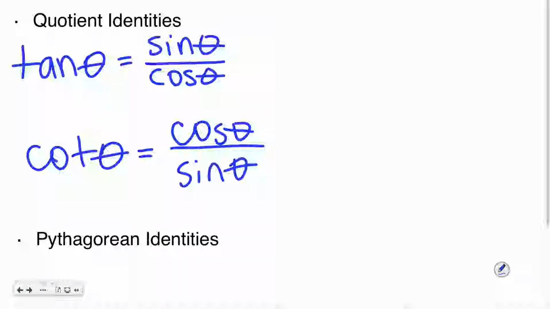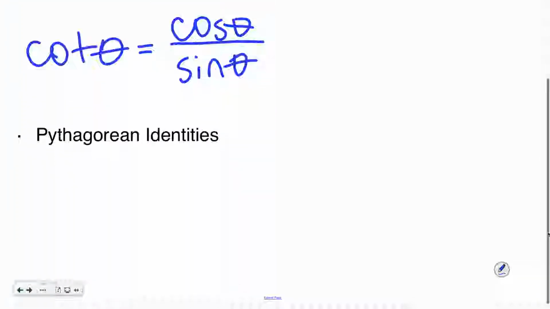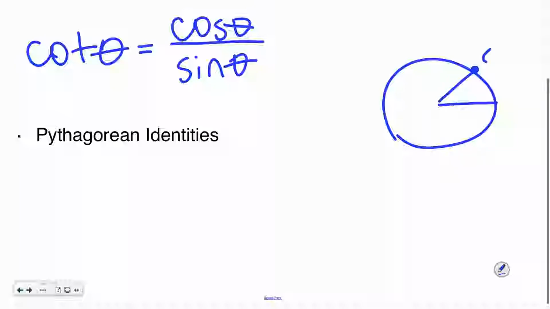The biggest ones that you're going to have to memorize are what's called the Pythagorean identities. On our unit circle, we have cosine and sine as our x and y coordinates, right?